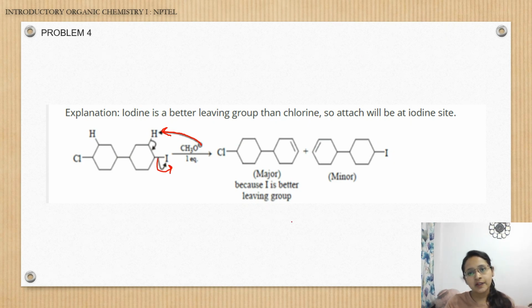So what you have is the major product. This would be the major product, and the minor one will be here, where the Cl substitution takes place, because Cl is a much less good leaving group than iodine.